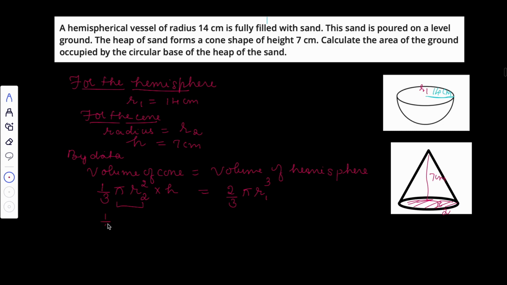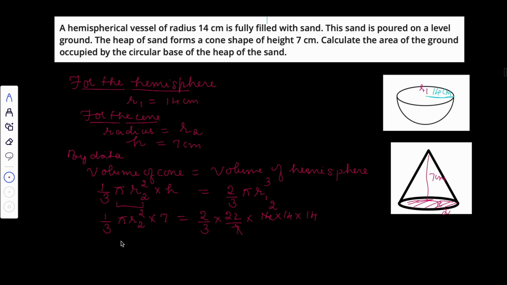We'll substitute here 1 by 3, keep this pi R2 square as it is, height is given 7, equal to 2 by 3 into 22 by 7, radius is given 14, so 14 into 14 into 14. So you can cancel here 2 times.